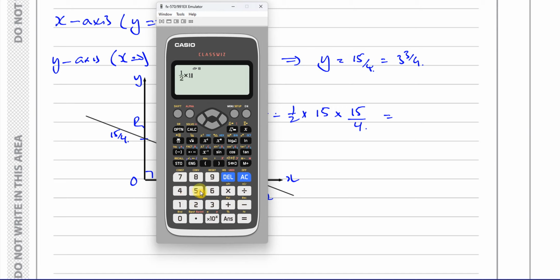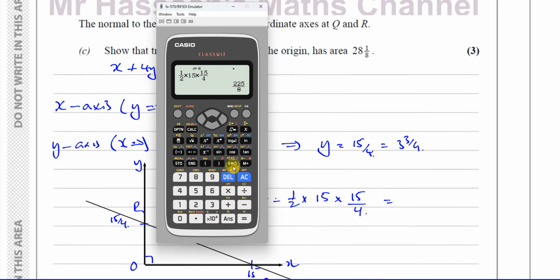That gives us 225 over 8, which is 28.125. If you want to show it as a mixed number, you can press this, I think. 28 and 1/8, you see?